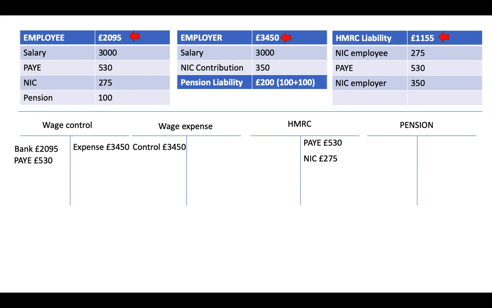National insurance contribution from the employee at £275 will then be popped into our wage control account as well. And the national insurance contribution of the employer of £350, a liability onto the company. And the dual effect is popping that into our debit side of our wage control.